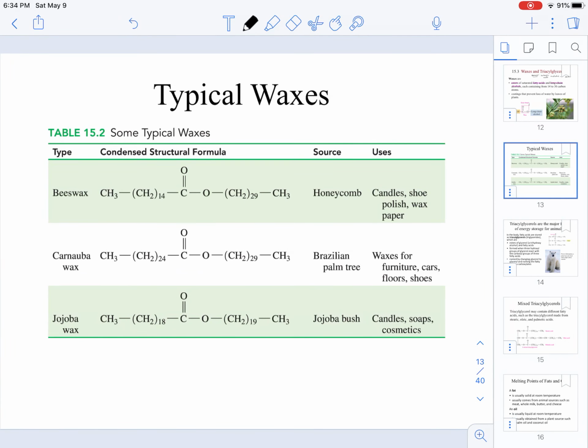In table 15.2 are some examples of typical waxes. The main thing that you should get out of this slide is not to memorize the different waxes that we have.